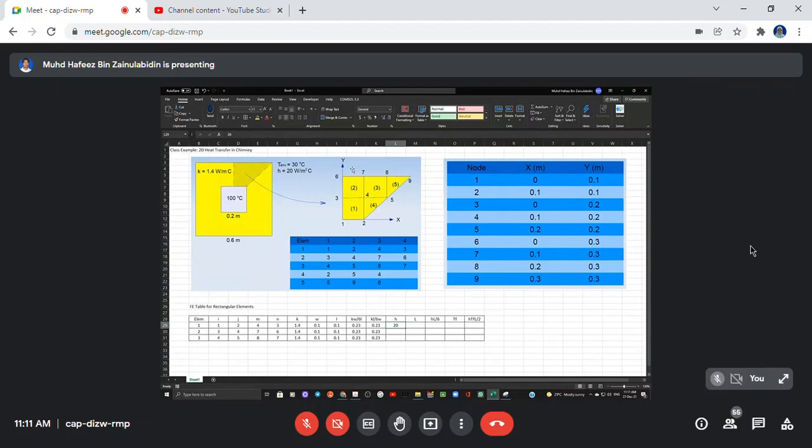Element 1 has no surface exposed to the surrounding. The bottom part is constrained at 100 degrees Celsius, so we don't need 20 there, we need 20 here for element 2 and element 3.